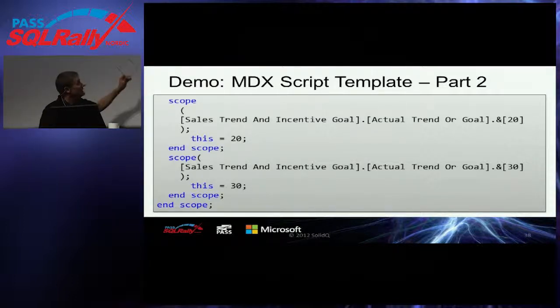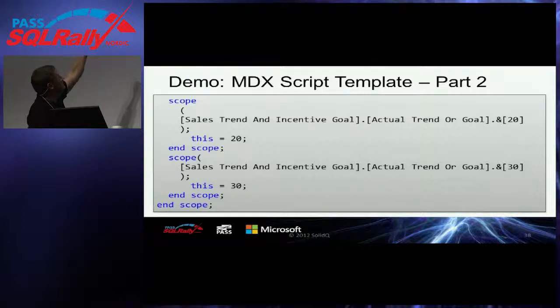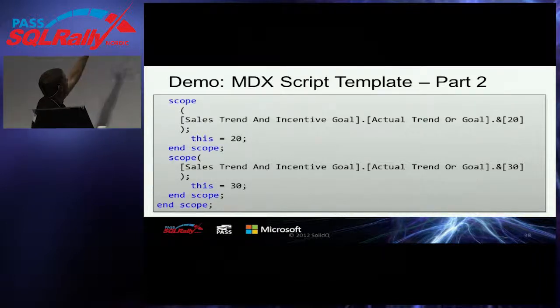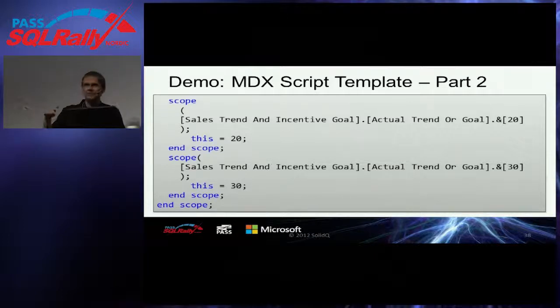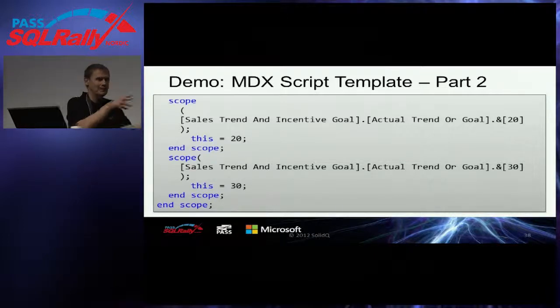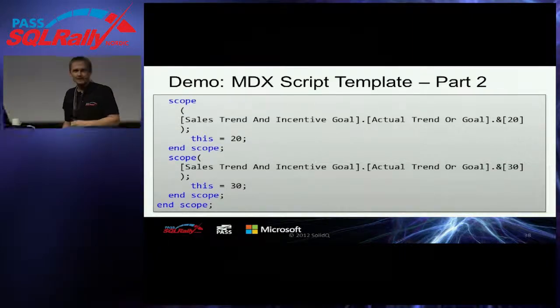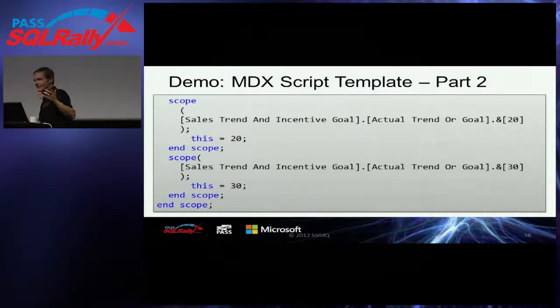I say, okay, I'm going to be handling each of my calculations separately, so I set up a scope for each of them separately. And I start by just saying this equals 20 and this equals 30. Then I have end scope statements. You know, scopes get embedded inside each other. When you embed scopes, the inner scope piles on top of the outer scopes and so forth. Not too hard, I hope.